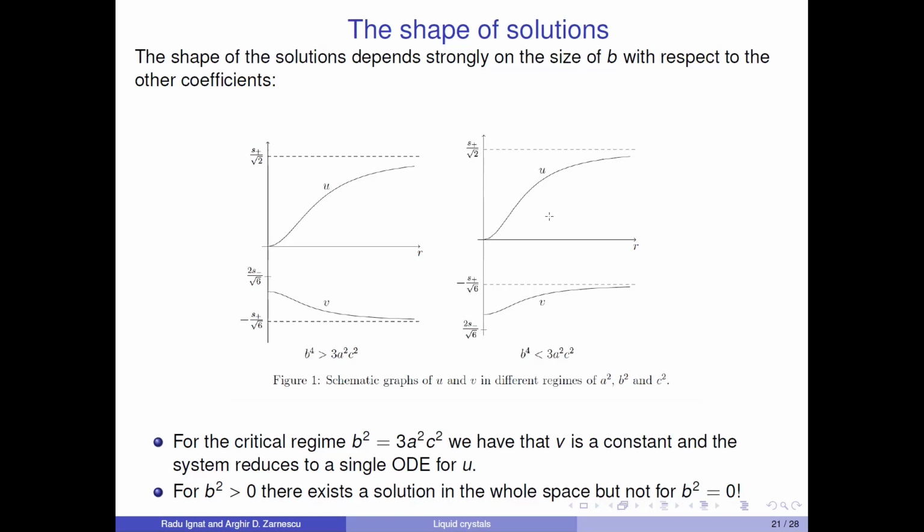But in most cases, you have that u and v are nice in the sense of having a definite sign, either positive or negative, and also they are monotone. And that has to do with a maximum principle and the cooperative or non-cooperative system. And in the limit case, when you have equality, v is a constant, and then you have just one ODE. Okay.